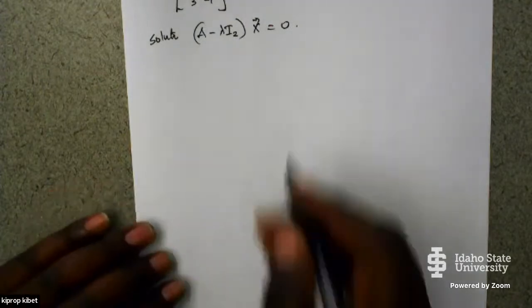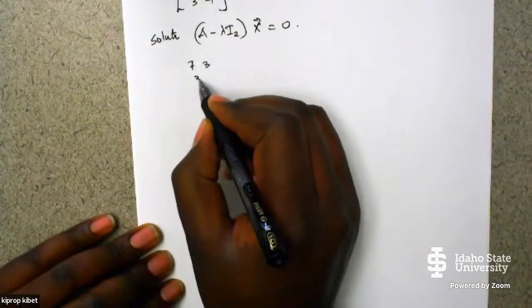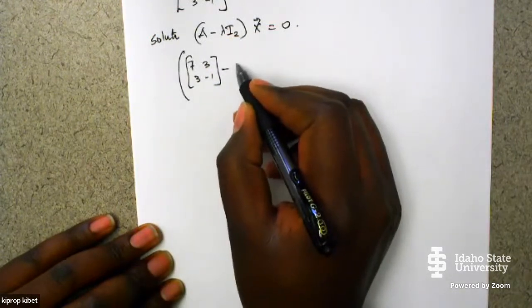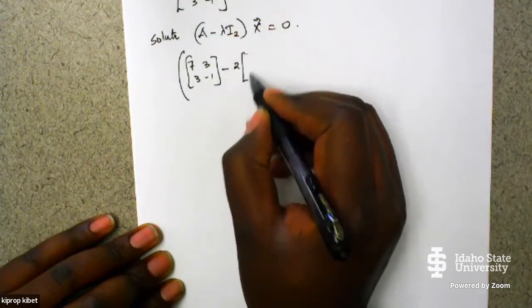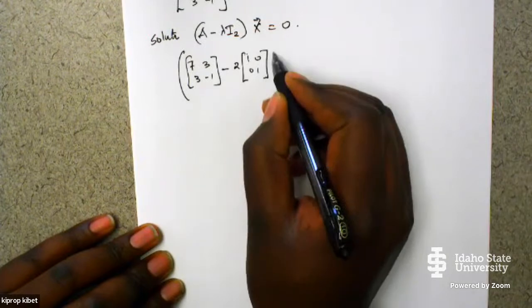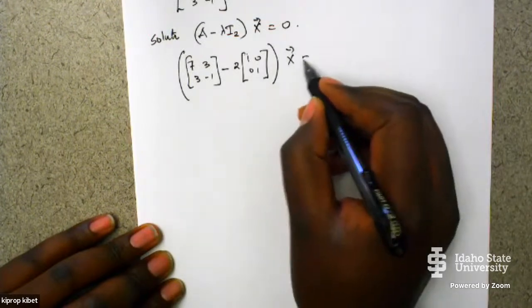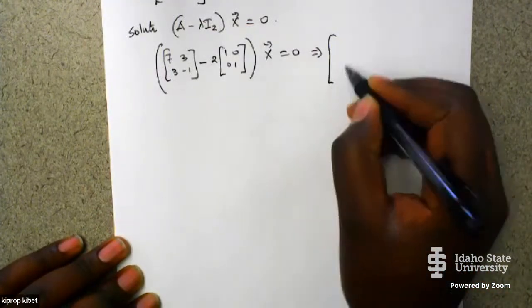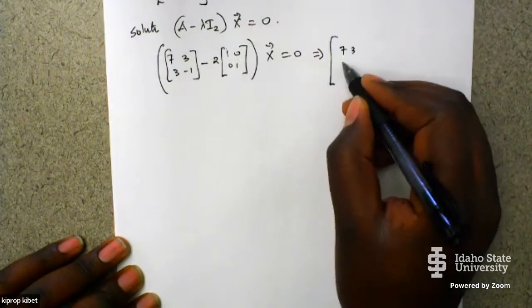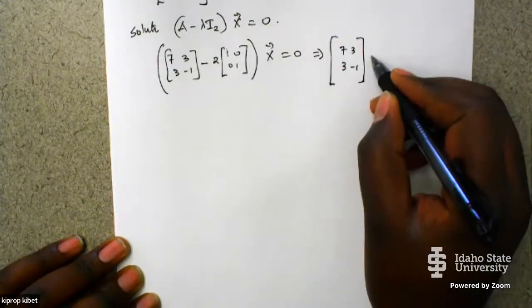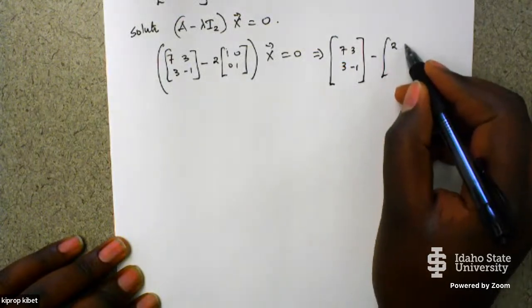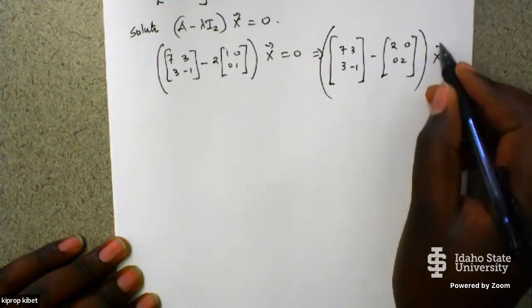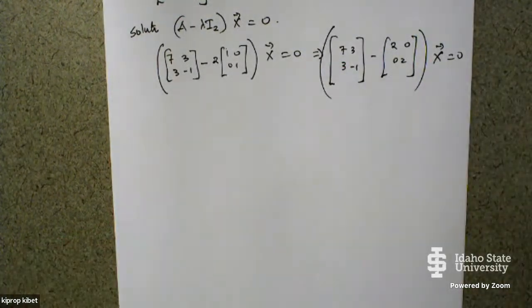So we substitute these values here. 7, 3, 3, minus 1, so that is our A minus 2 times 1, 0, 0, 1, and then our x equals 0. Then what we get here is 7, 3, 3, minus 1, and then minus 2, 0, 0, 2, times x equals 0.